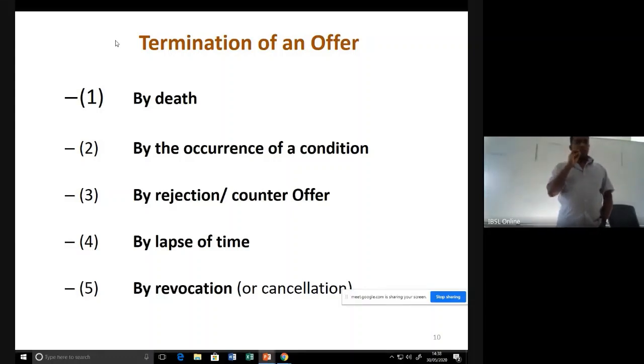The second one is by the occurrence of a condition. Now this is a little bit complicated, so you have to listen very carefully. I will explain this with an example, then it will be easy. Say I have a farm, an agricultural land, and I have cultivated paddy.